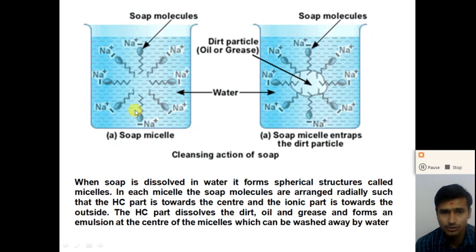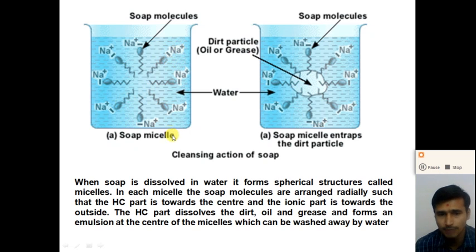So the soap molecules are arranged radially in a circular form, such that the long hydrocarbon part is towards the center and the short ionic part is towards the outside.